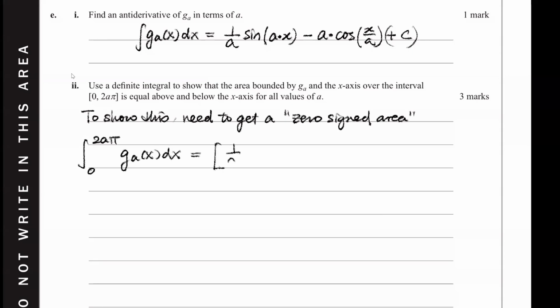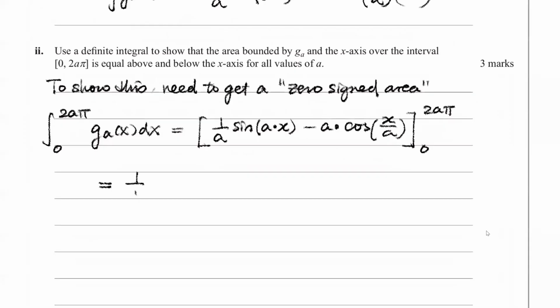And I think the result we used from part e(i) is this thing. Now we don't need to put plus c, but we put 0 to 2a pi here. So now the CAS calculator tells us it's 1 over a sine of 2a squared pi over a, but I will still use some sort of substitution.